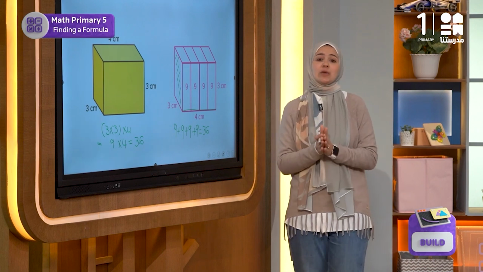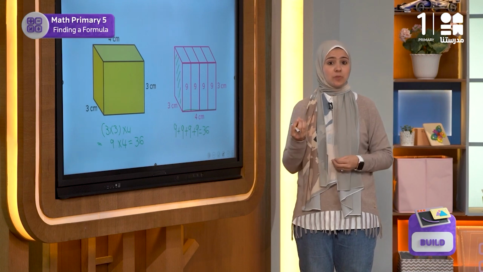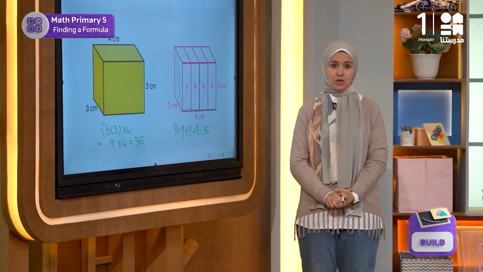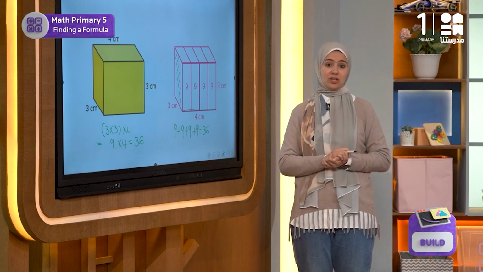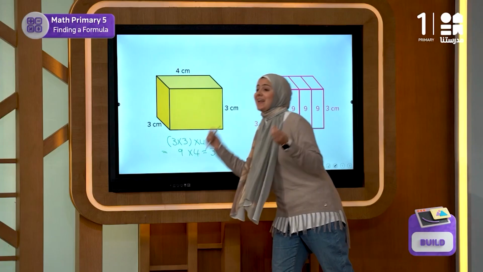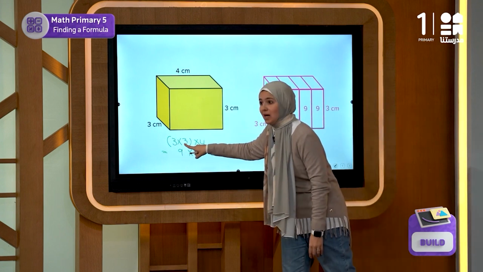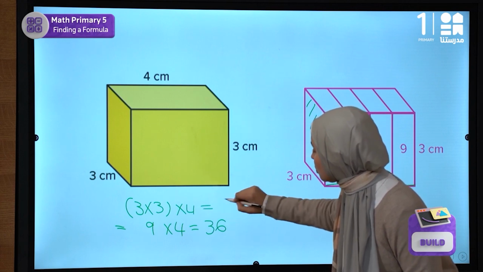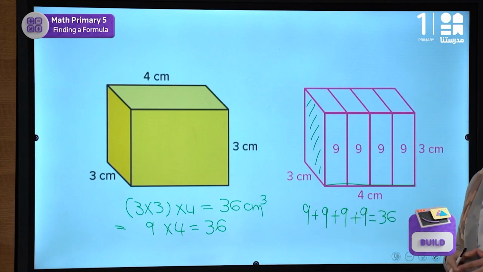So, we can actually calculate the volume when we multiply the area of one face, which represents the area of the slice this time, by the length. So, what multiplication problem can we write to represent this method of calculating the volume using the slices? It's exactly the one that we wrote. Let's repeat it one more time. So, we wrote 3 times 3, and then times 4, which is equal to 36 cubic centimeters.